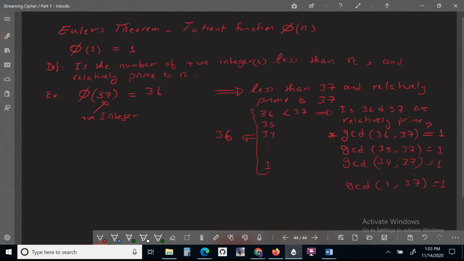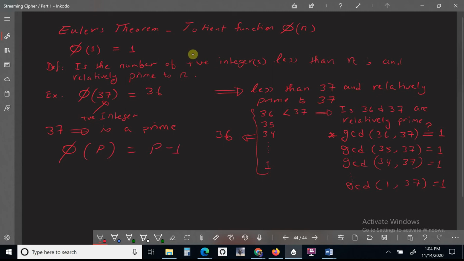Now, of course, if you take a deep look at 37, you'll find out that 37 is a prime. It's only divisible by itself and 1, so it's prime. So then we can come up with the formula. If we are looking for the totient function of a prime number p, then it's equal to p minus 1.